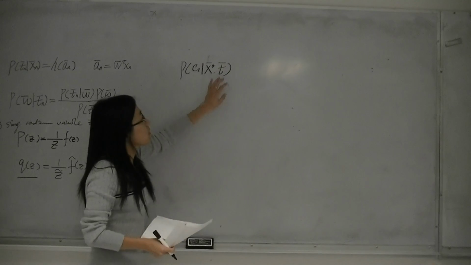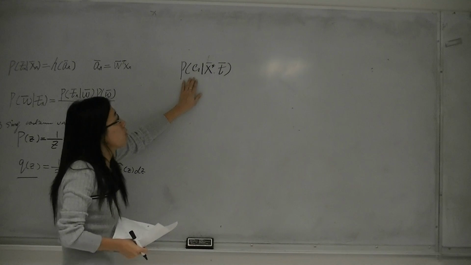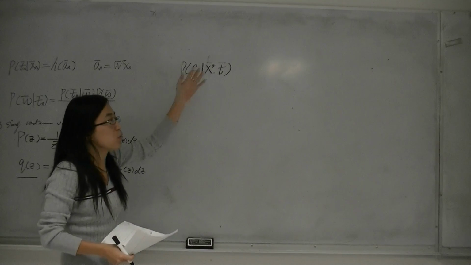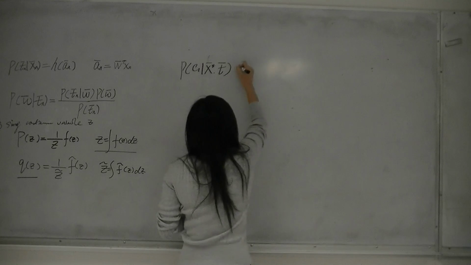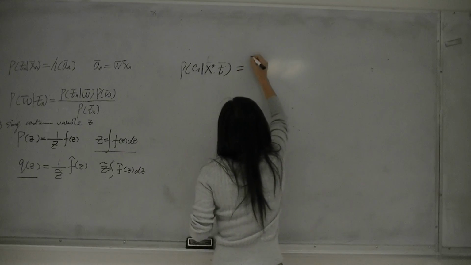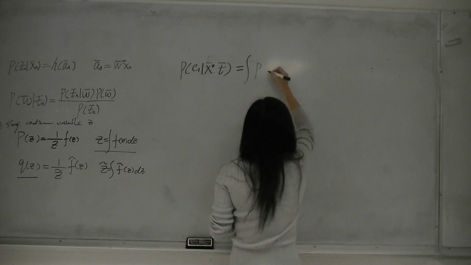We have the training data t and the new input vector x star, and we want to find the probability that the input vector belongs to class C1. First we write this probability as a marginalization integral with respect to the parameter omega.